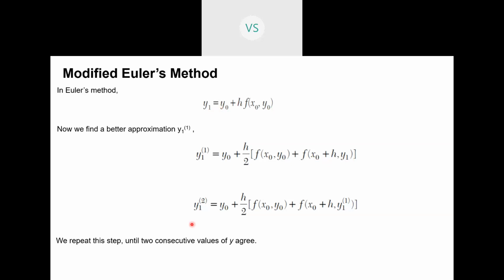Now you have to find y1^(2). In order to obtain the value of y1^(2), you write the same formula as above: y0 plus h by 2 times f(x0, y0) plus f(x0 plus h, y1). Here instead of y1 you have to substitute the new value of y1.